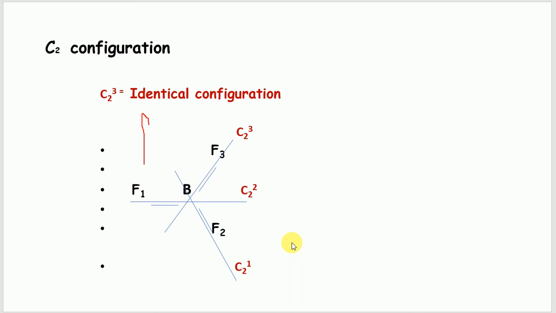With C6 and C3, C2 axes are also present in the benzene molecule. These C2 axes are present in the plane of the molecule.